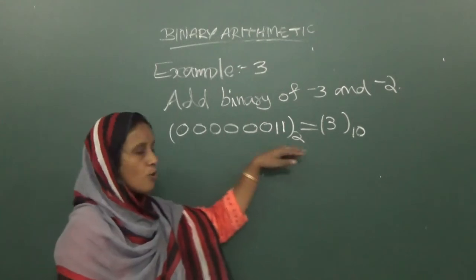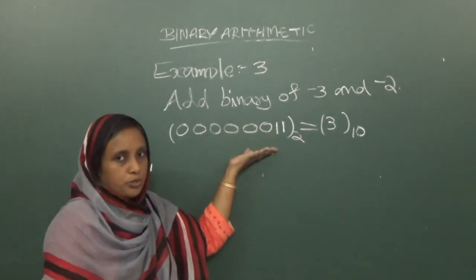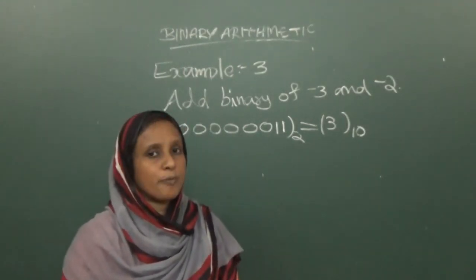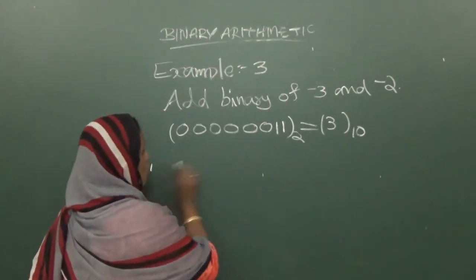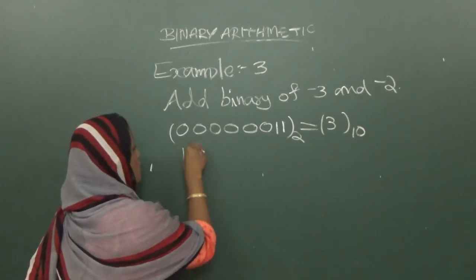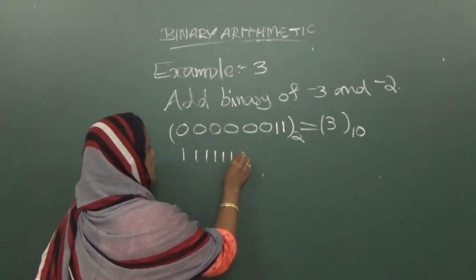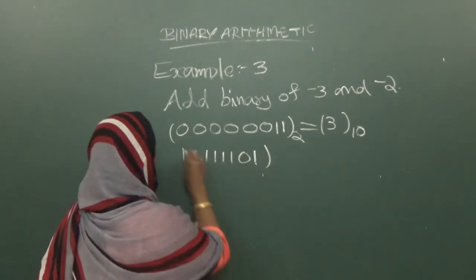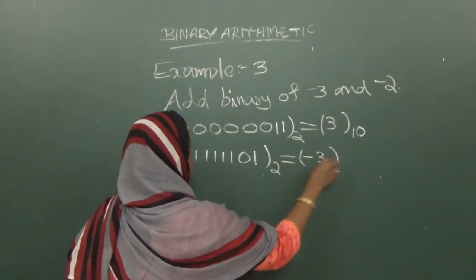Okay. Now you have to take its 1's complement and add 1 to this. This gives you 1, 1, 1, 1, 1, 1, 0, 1. This is equivalent to minus 3.